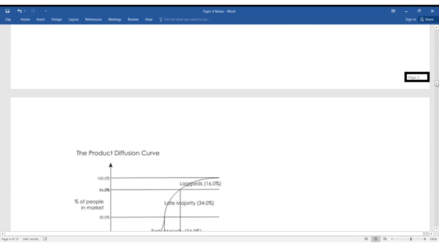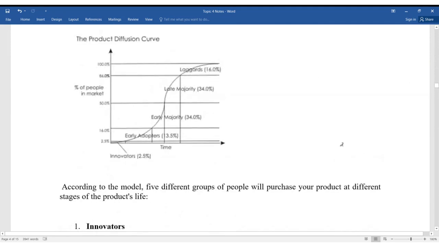I believe you are able to see that curve. I want to show a different one, but first of all, before I show you that one, let me just give you the highlights of the components or the elements in that curve.